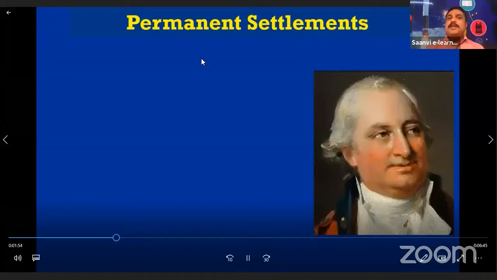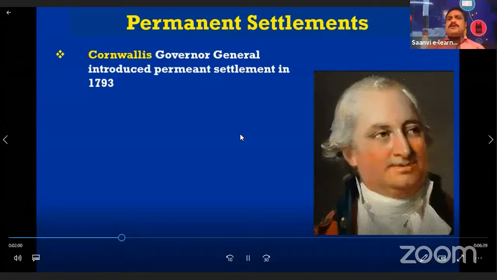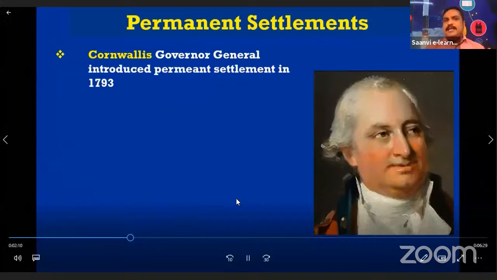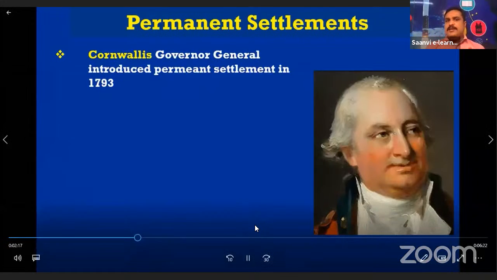Now permanent settlement, especially, is from the time of the Britishers. Cornwallis, the Governor General, introduced the permanent settlement in India in 1793. Please note down the year 1793. Cornwallis, the British Governor General, started the settlement here, under the British East India Company.